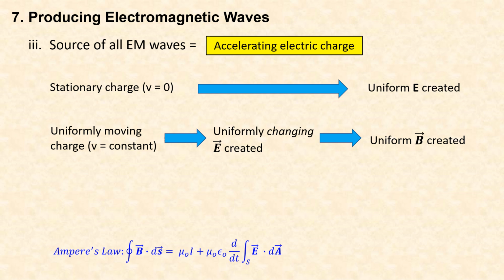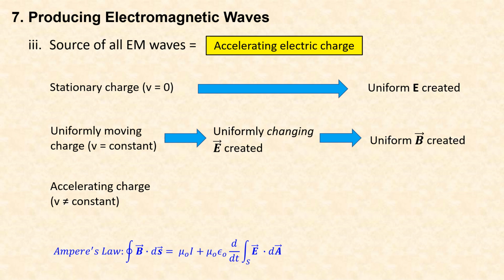We now want to look at what happens when you have an electric charge which not only moves but now accelerates. That is when its velocity is not constant. Hopefully you can reason that if that charged particle moves at a constant speed, it creates a uniformly changing electric field.